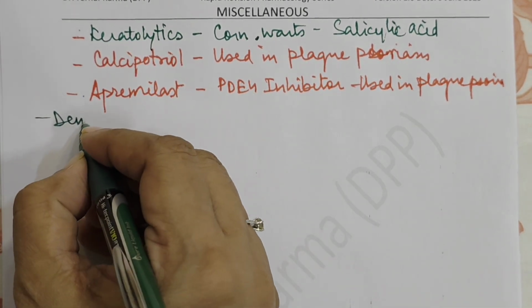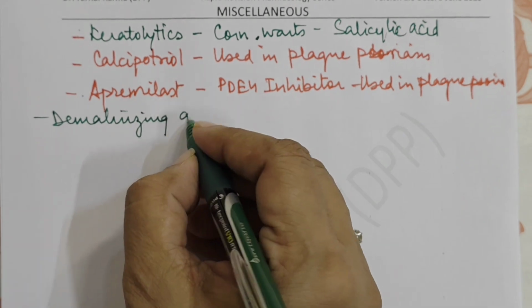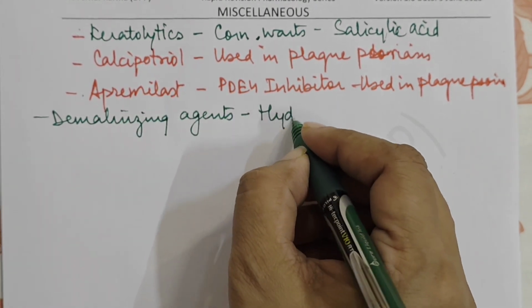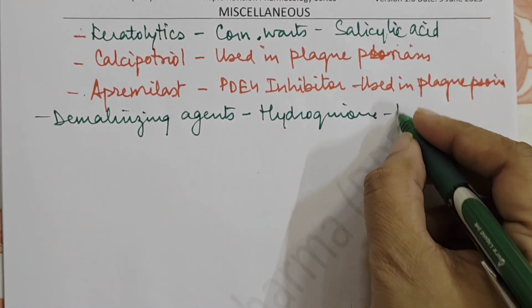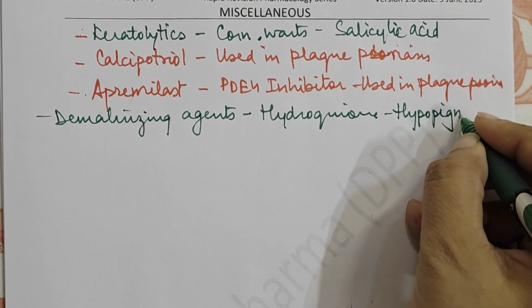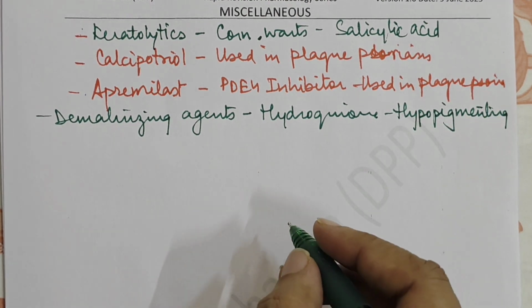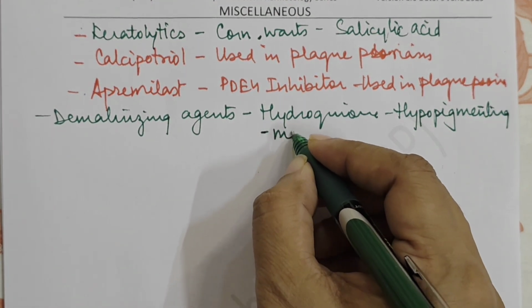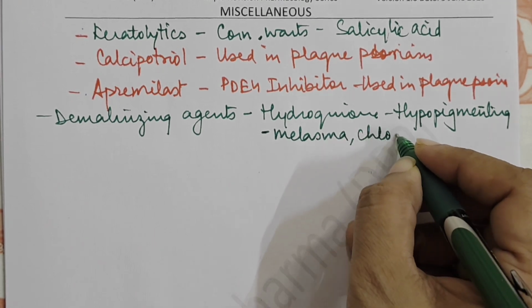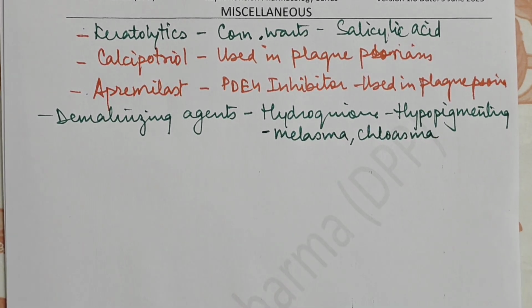Then there are some demelanizing agents. Now among these demelanizing agents comes hydroquinone, which is a hypopigmenting drug. Okay, so this is used in melasma or chloasma of pregnancy. Chloasma of pregnancy is when there is some pigmentation on the cheeks of a pregnant lady, right?